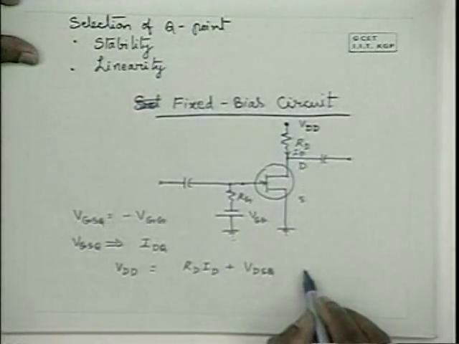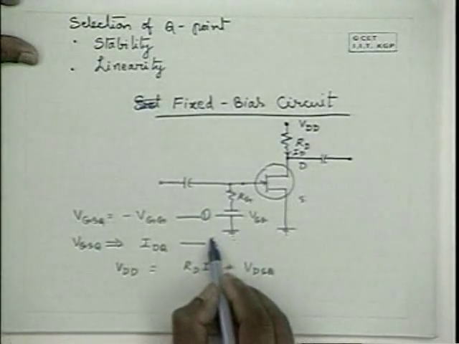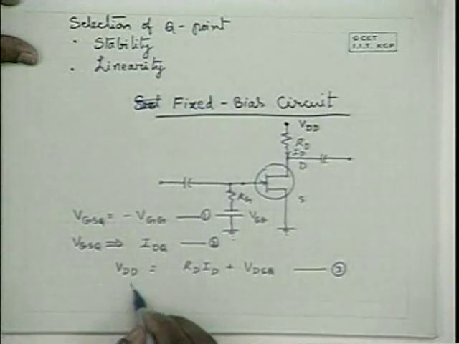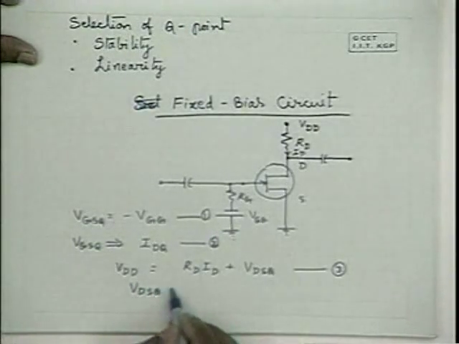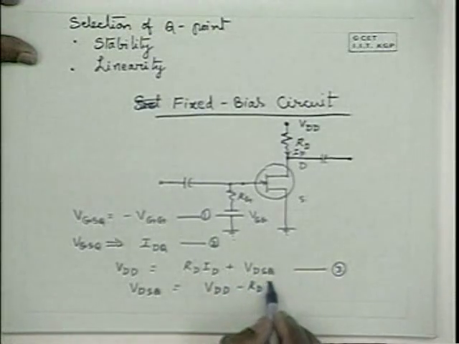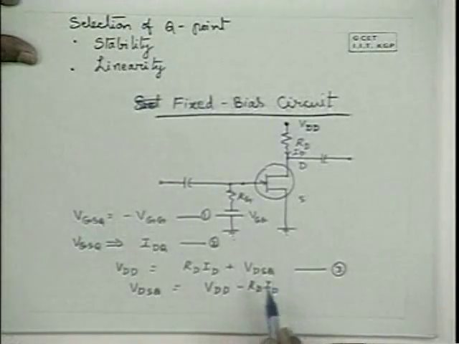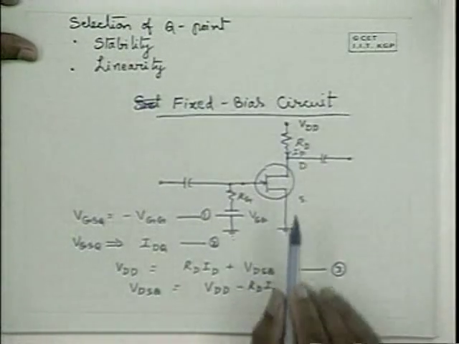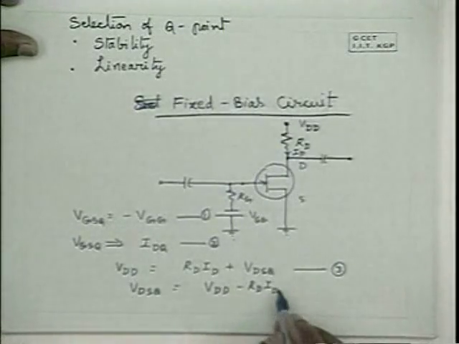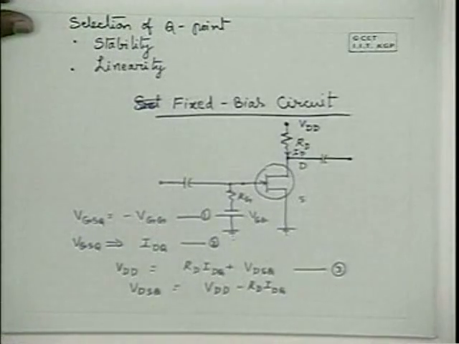So this is step 1, this is the second step, this is the third step. From this equation, we can determine VDSQ as VDD minus RD ID. Once the circuit is given, that means RD is known, and IDQ is computed from the second step, we can determine VDSQ.